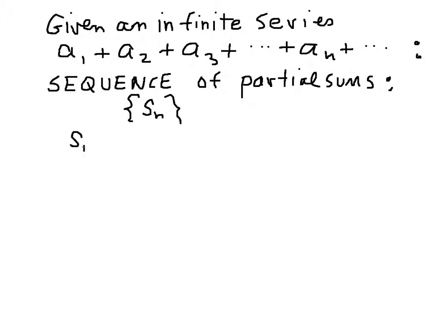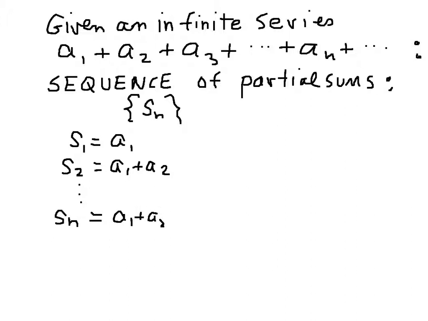The first partial sum is just a sub 1. The second in this sequence of partial sums is a1 plus a2. The nth term in the sequence of partial sums is a1 plus a2, and we add them up until we get to a sub n.